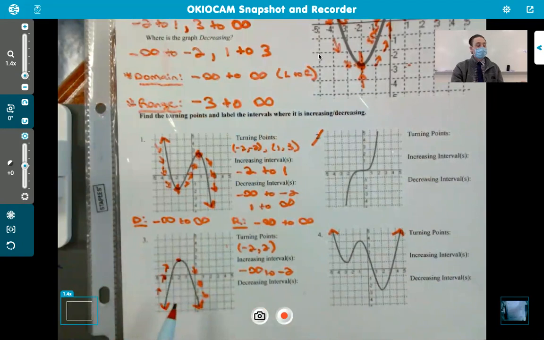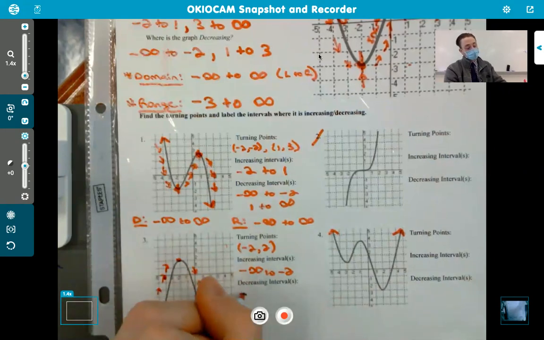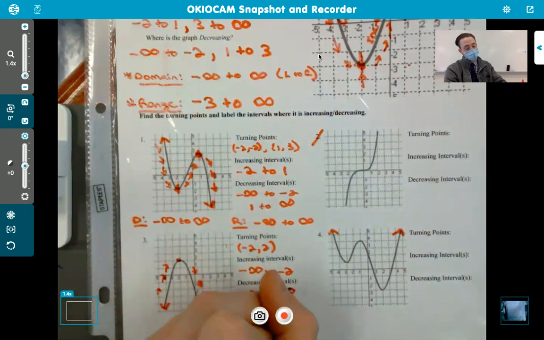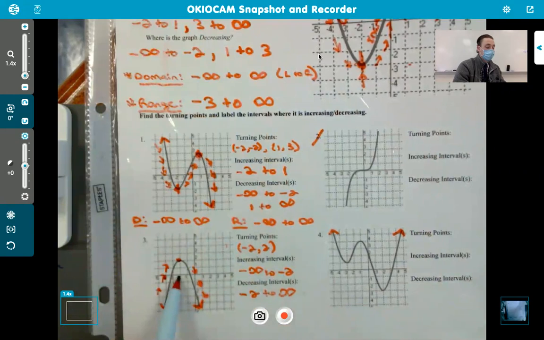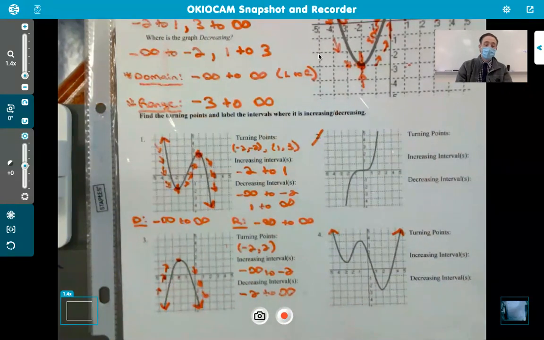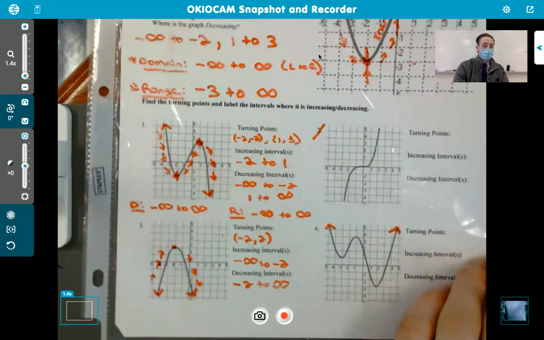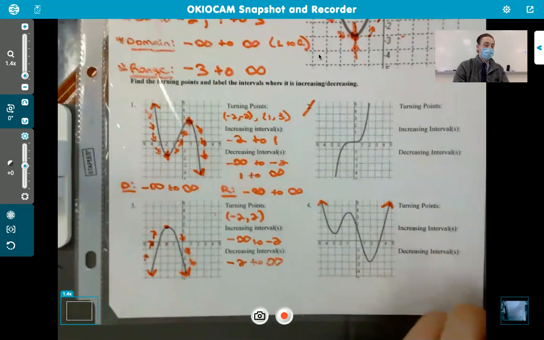And then I start to decrease from where? What's my interval of decreasing? Good. From -2 to infinity. From this x value here on for the rest of the graph, I am decreasing. Any questions about that so far?